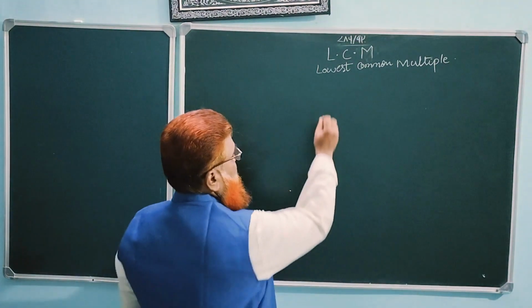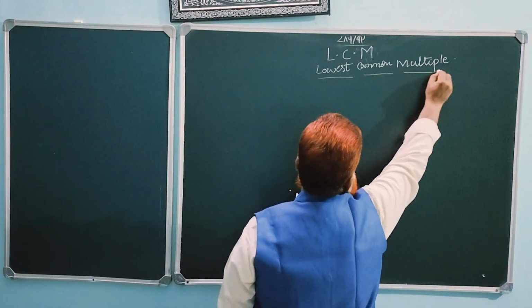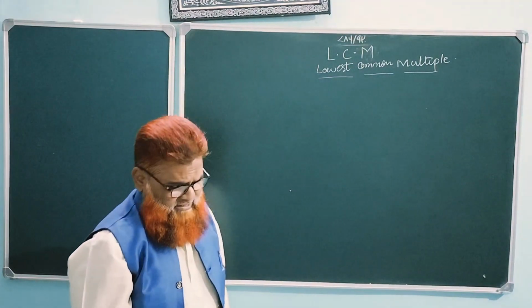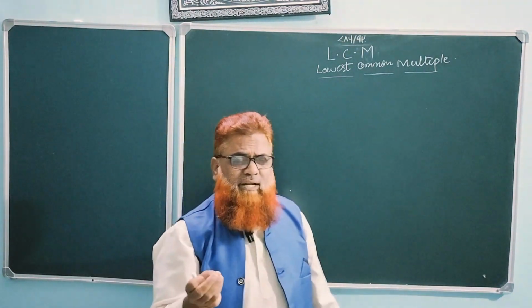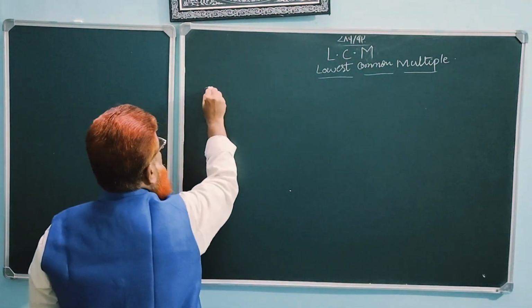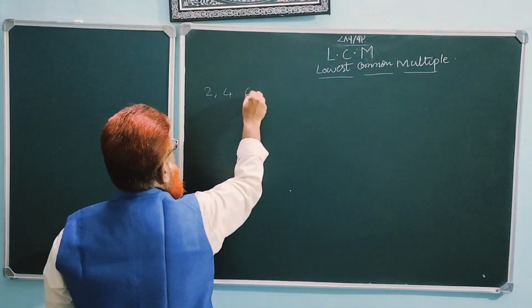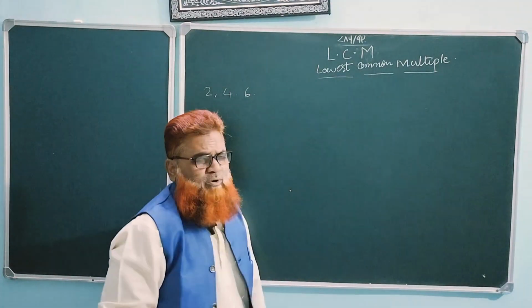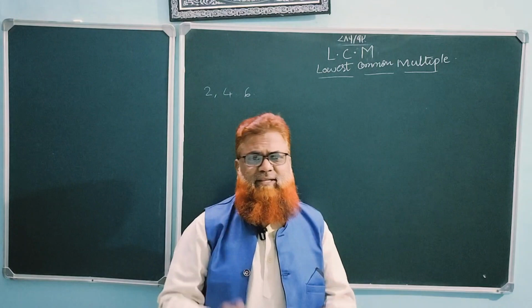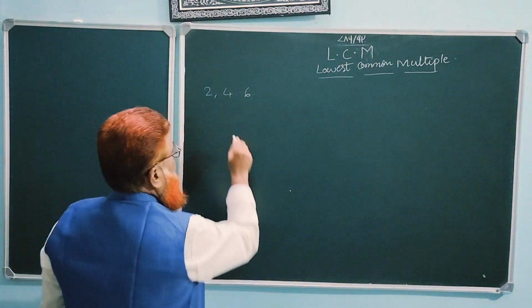As I told you, LCM means lowest common multiple. Let me take some numbers. Here I am going to take the multiples first. See, 2, 4 and 6. Let us understand what exactly the LCM means and what its significance is.